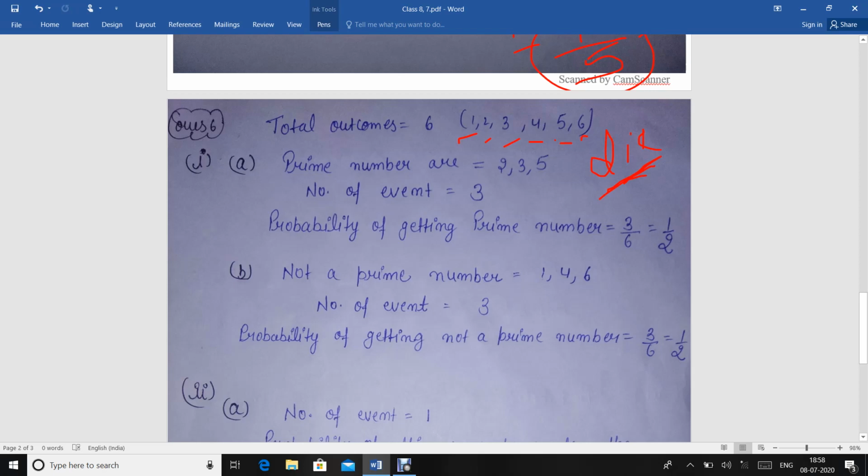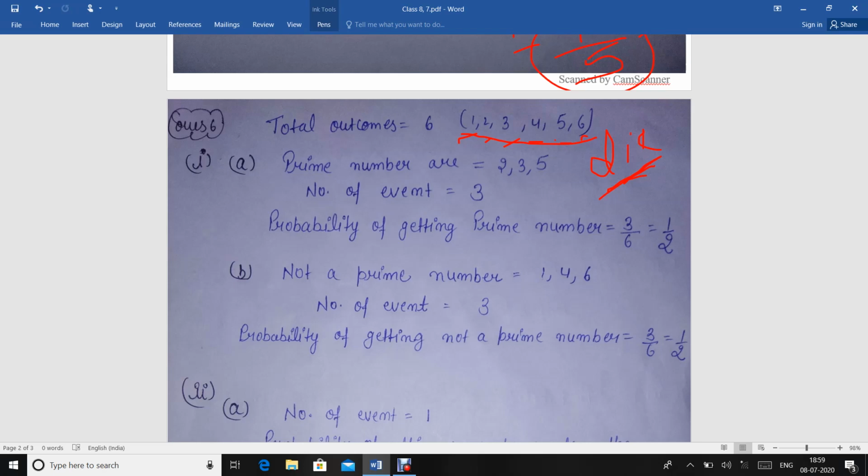And you know that the first part is asking for the probability of getting a prime number. So you have to choose the prime numbers from these total outcomes. As you know, prime numbers are the numbers that are divisible only by themselves. They have no other factor.